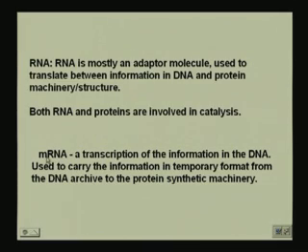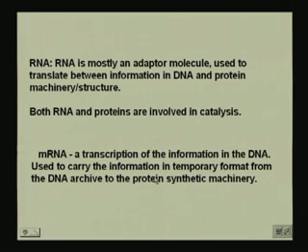You have messenger RNA. The process of DNA going to RNA is called transcription, and messenger RNA carries the information in a temporary format from the DNA. Now, how does this occur?